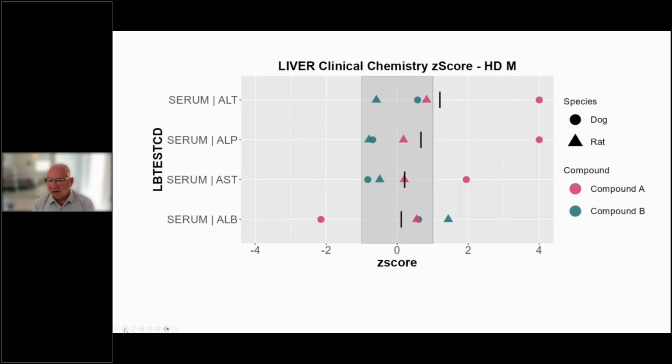And again, we stopped at this level as far as the analysis, but at this point you would want to dig further and see how high those ALT levels were, and ALP and AST, and really understand what exactly was going on with those ClinChem values. But again, it's allowing us to visualize and look on one plot at the four studies, and understand potential differences and similarities. If you go to the next slide, please.